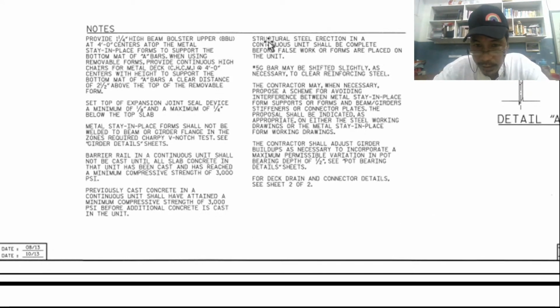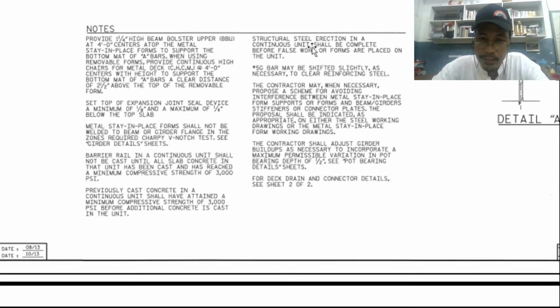Okay? Next, structural steel erection in a continuous unit shall be complete before false work or forms are placed on the unit. So, we have to be prepared. We prepare the support. Forms and false work are support, but we need to support the support.